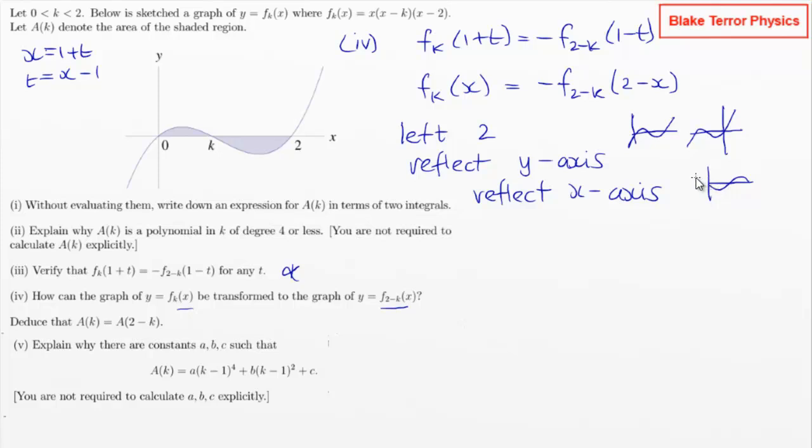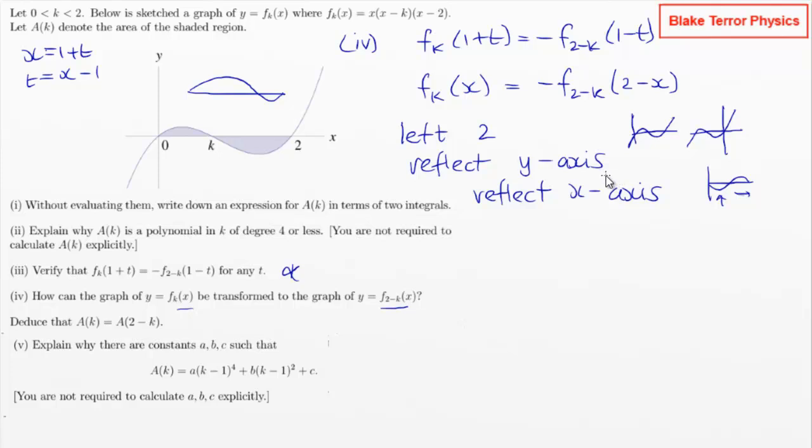But now we've got the big bit on this side. So it's moved k further away. And then we're reflecting in the x-axis. So we've now got the big bit, so it's looking a similar shape, but now we've got the bigger bit there and the smaller bit there. So it's gone like that, and that has transformed from one to the other.